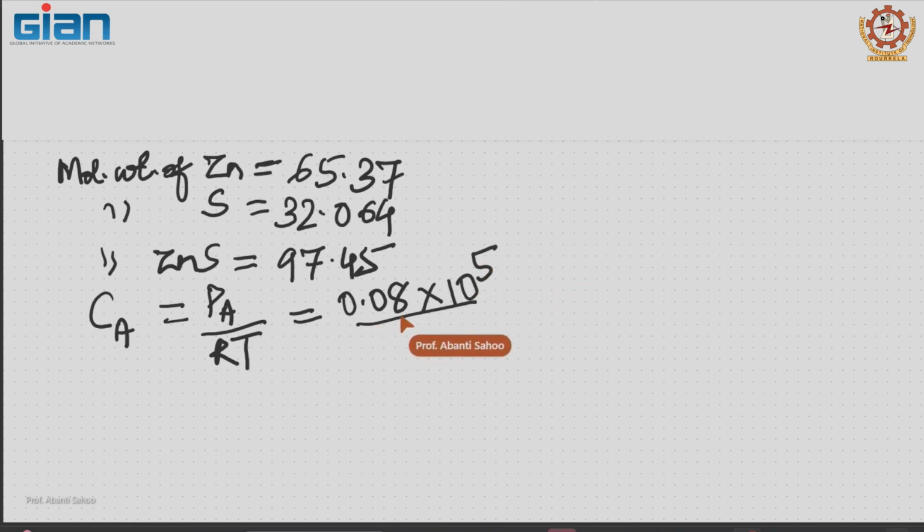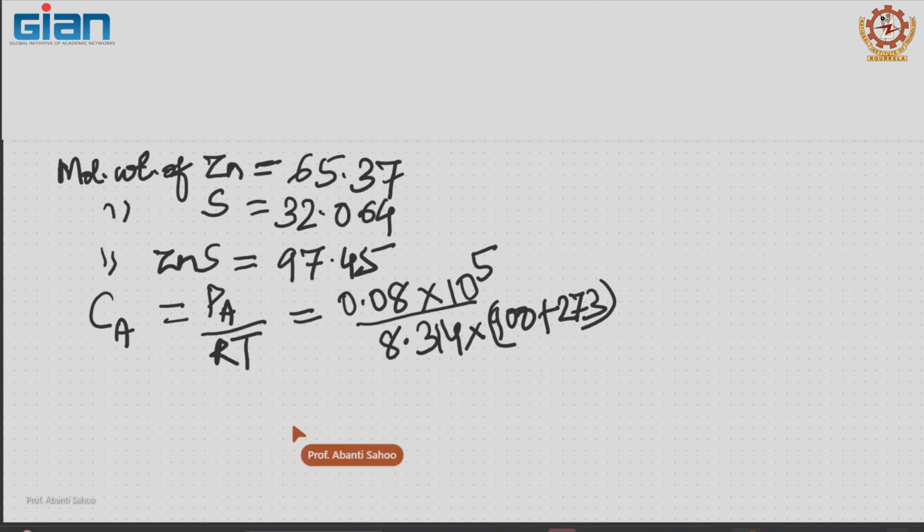So, 0.08 into 10 to the power 5, R gas constant is 8.314, into T, the temperature is mentioned as 900 degree centigrade, in Kelvin 900 plus 273. So, calculating this, it is coming 0.820 moles per meter cube.